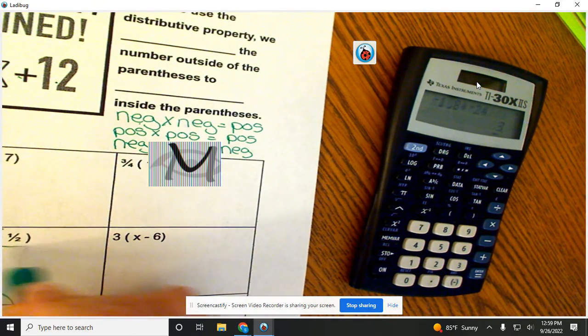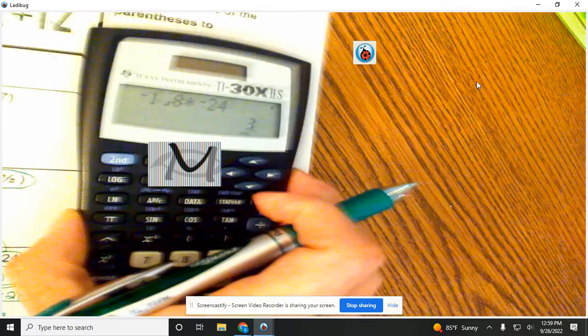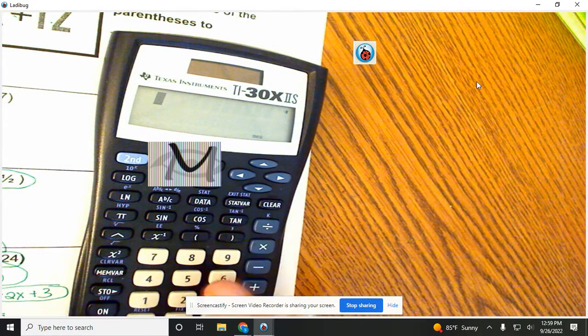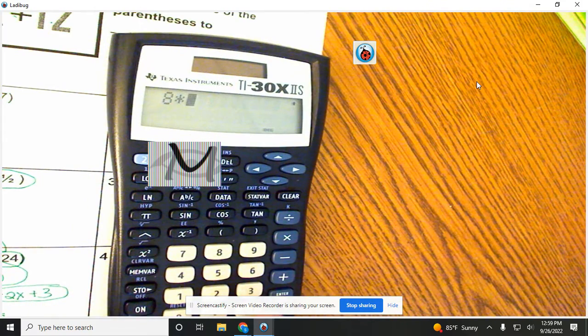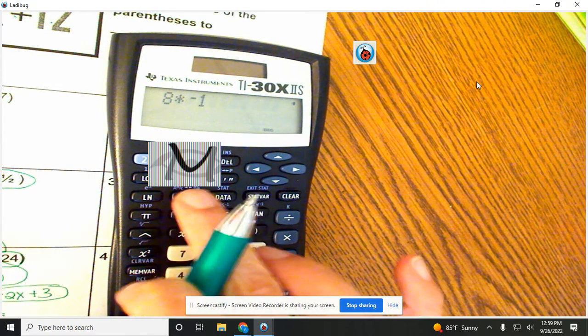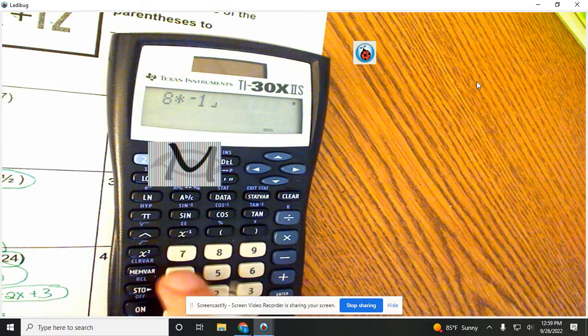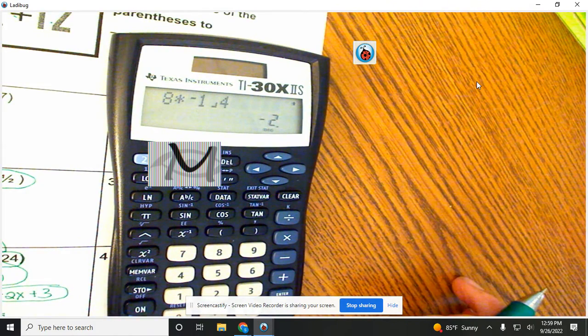If we want to do one more, just to make sure that we are feeling good over here, we can work on this one. So you're going to do 8 times our negative 1, go over here to put our fraction in, which will give us a negative 2.